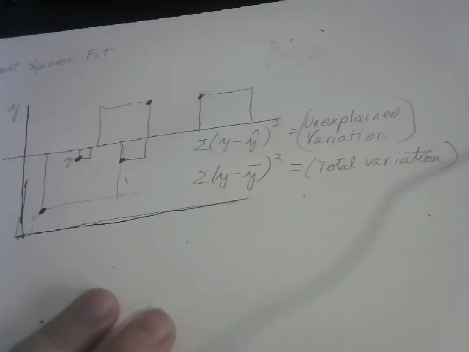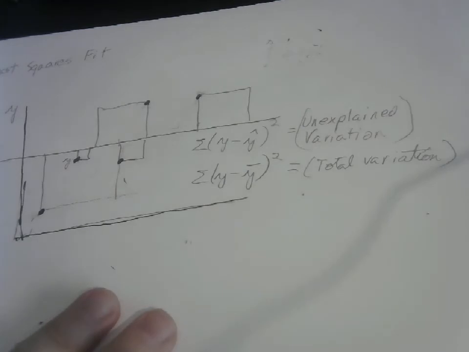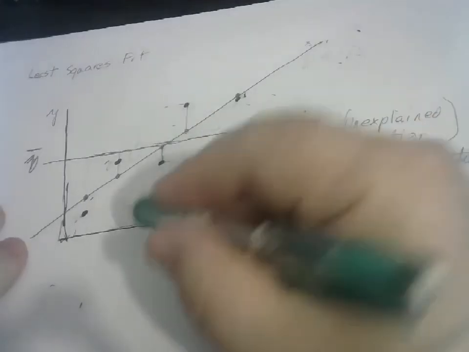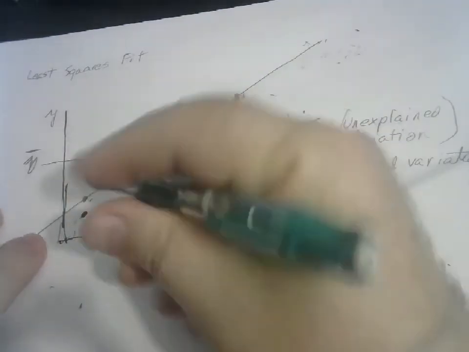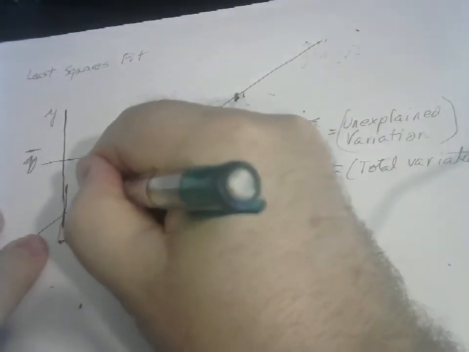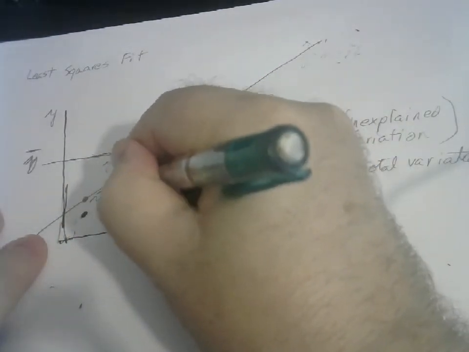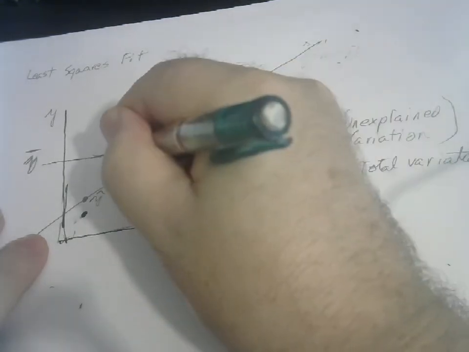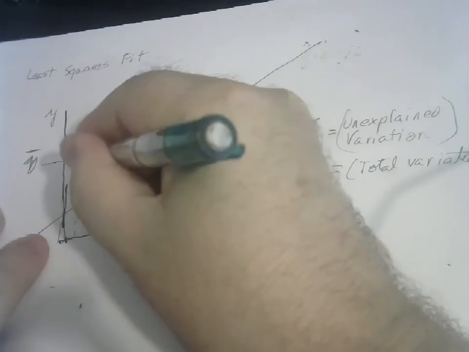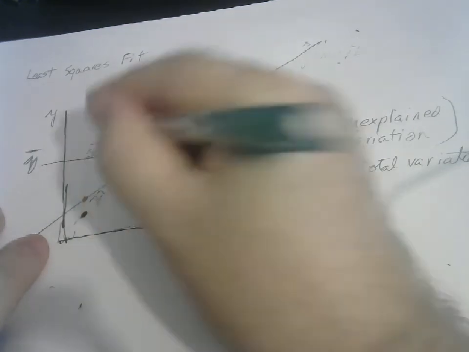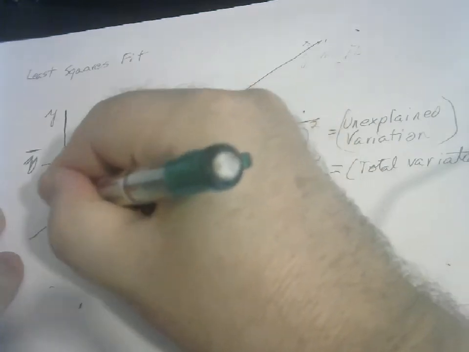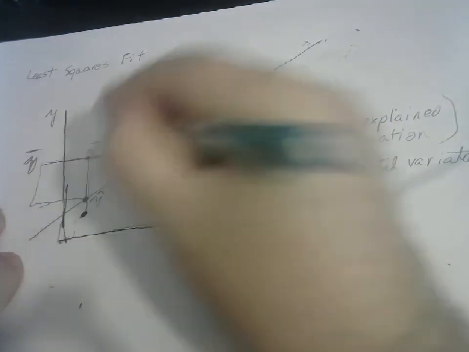Okay, that was fun. Now I'm going to erase all those and put the trend line back in, and then discuss y hat at each of these points, y hat compared to y bar, which is right there, and draw a square for each of those.